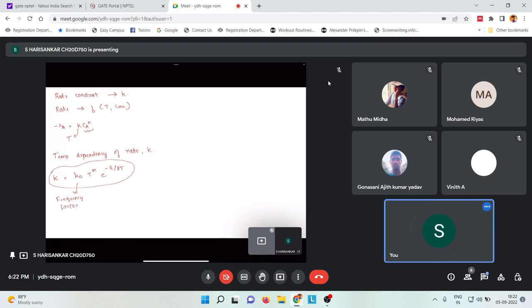T is the temperature with m as its exponent, E is the activation energy, and R is the universal gas constant.